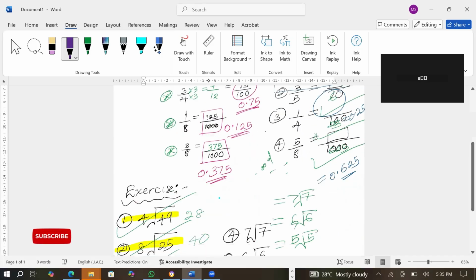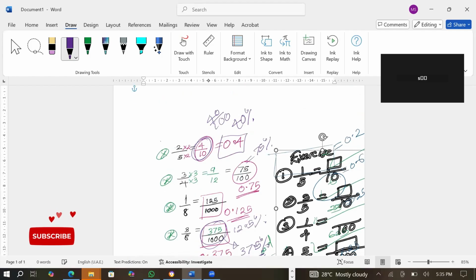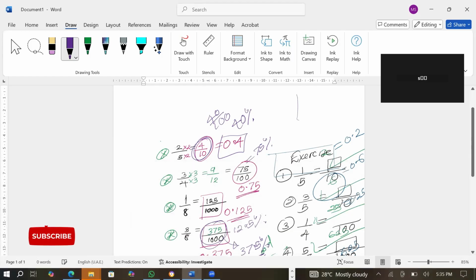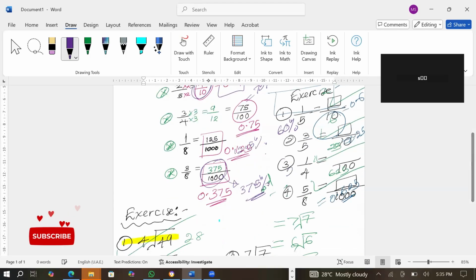So this one should be written as 12.5%. This one as 37.5%. So what about this one? 0.2 means 20%. 60%. This one 25%. And 62.5%. See the pattern, right?